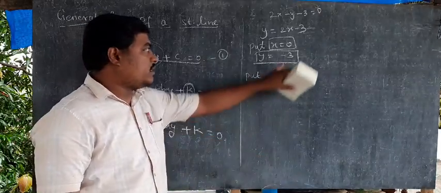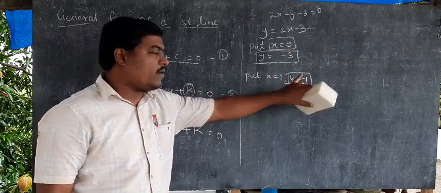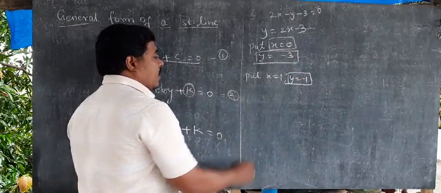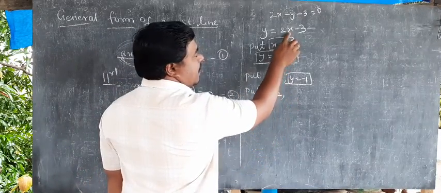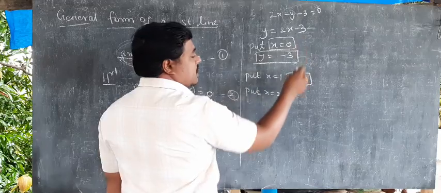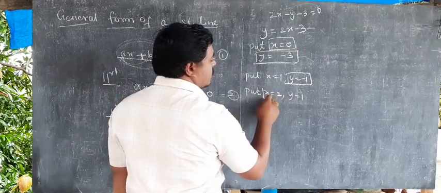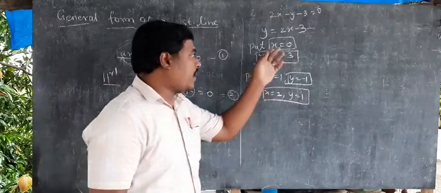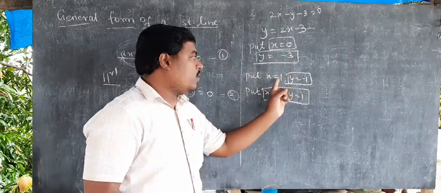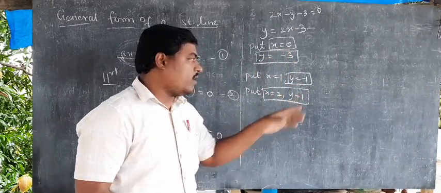The point is 1 comma minus 1. Put x equal to 2. Here 2 into 2 is 4, 4 minus 3 is 1. So I found the points 0 comma minus 3, 1 comma minus 1, and 2 comma 1.